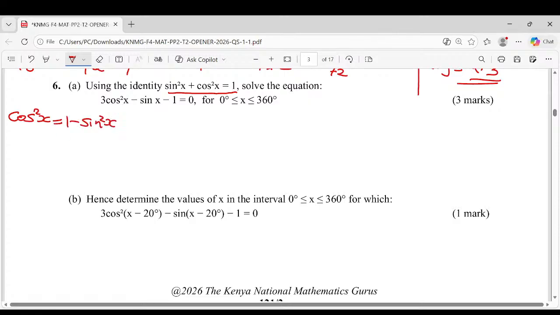Then I'm going to substitute this into my equation. Instead of saying 3 cos squared x, I'm now going to say 3 into 1 minus sin squared x.